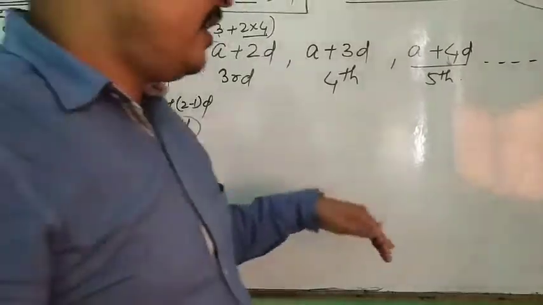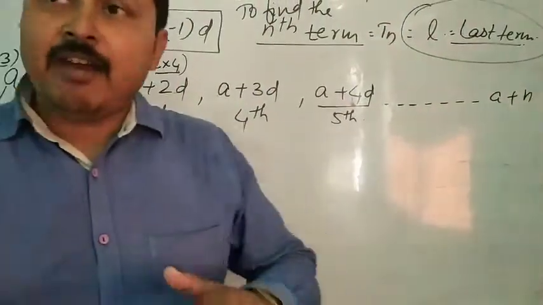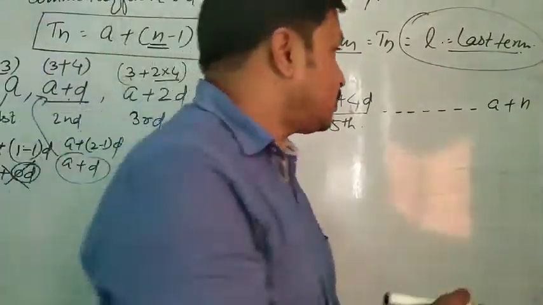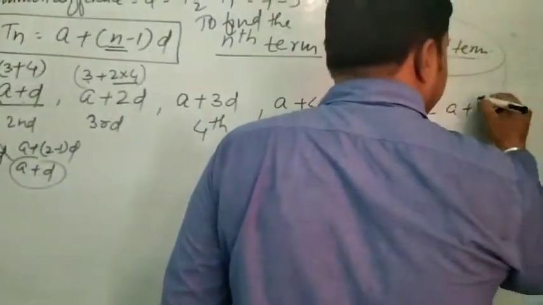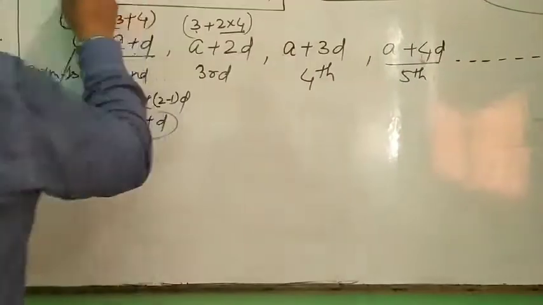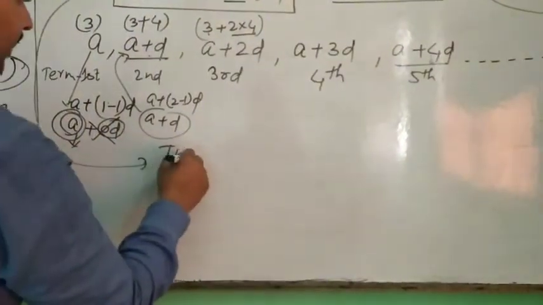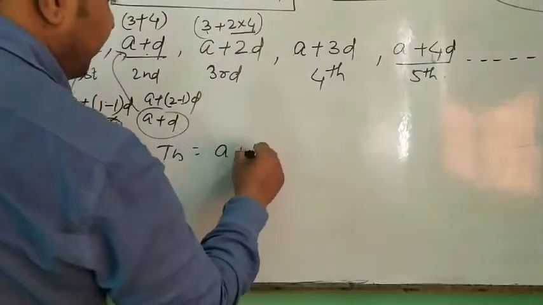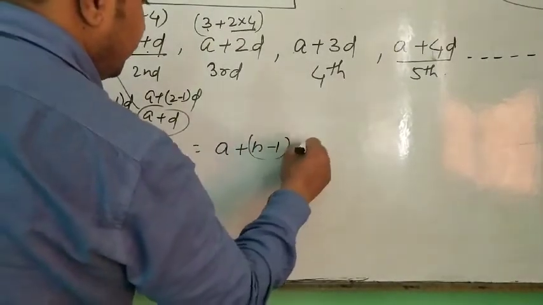In this way, when we find the value of the nth term, we write n minus 1 into D. That means Tn equals A plus n minus 1 into D.